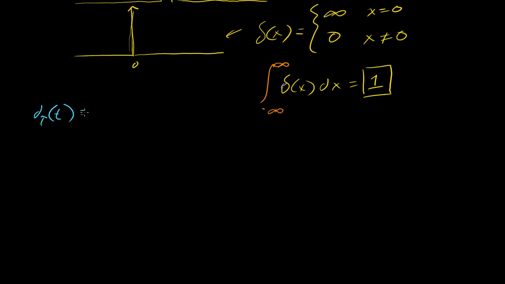So let's say it equals 1 over 2 tau when t is less than tau and greater than minus tau, and let's say it's 0 everywhere else.